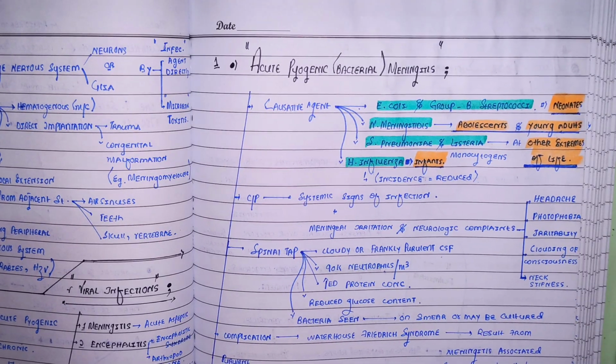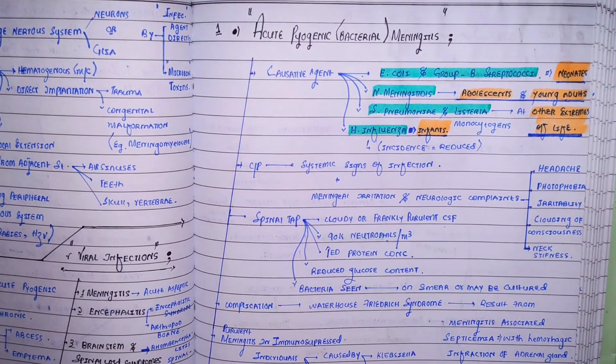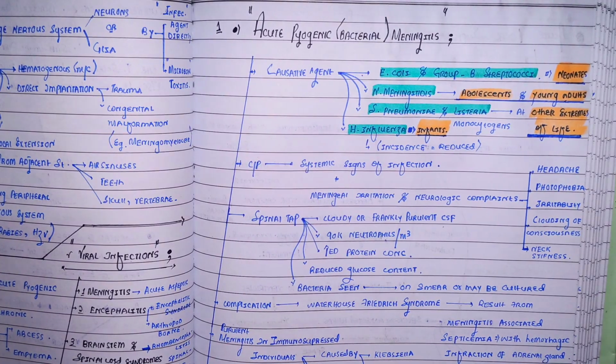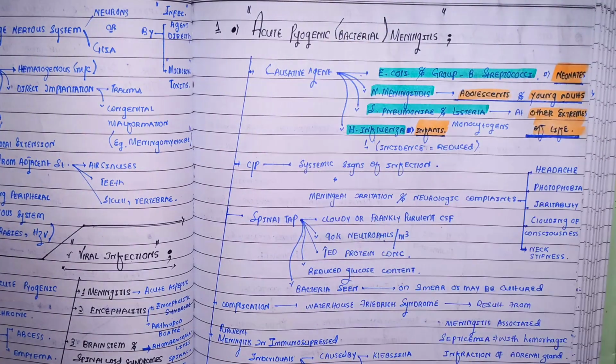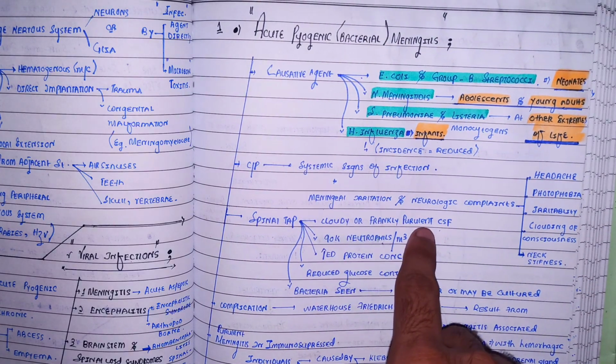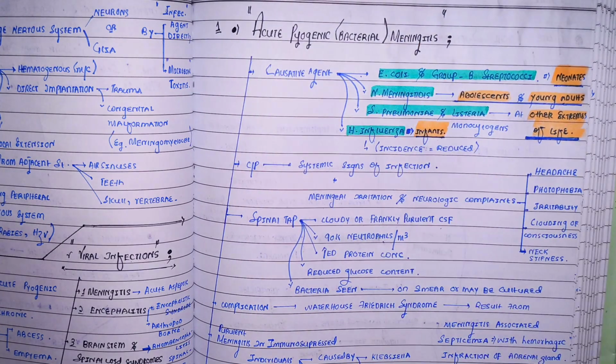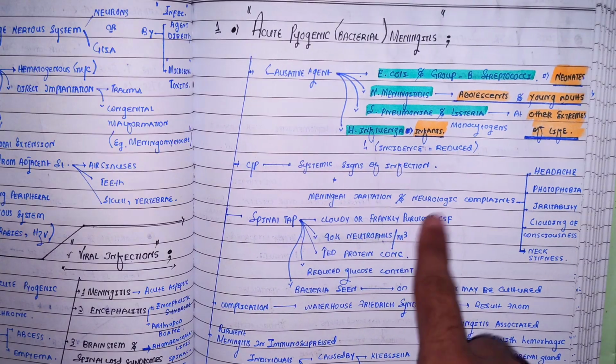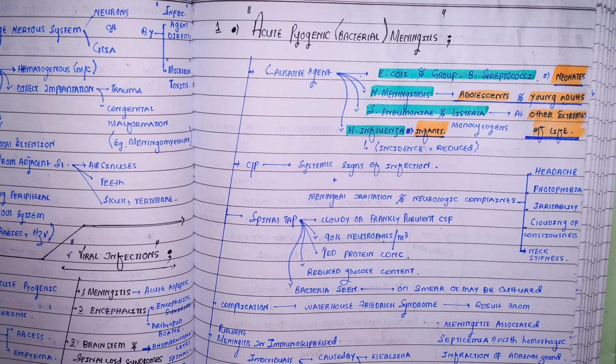If you perform the spinal tap and take the CSF sample out, what will you see? In acute pyogenic bacterial meningitis, the CSF will be very cloudy or frankly purulent, because it is a bacterial infection. Some pus will be present in the CSF.